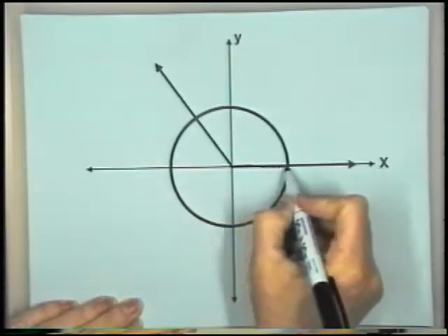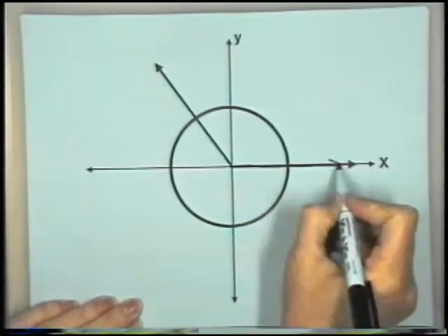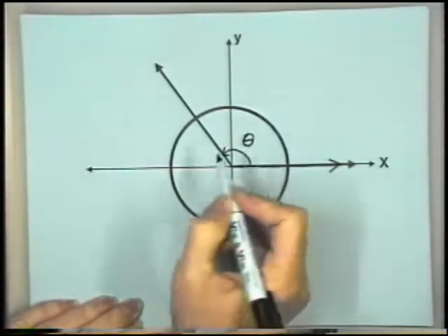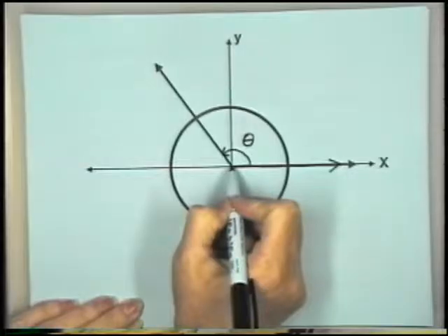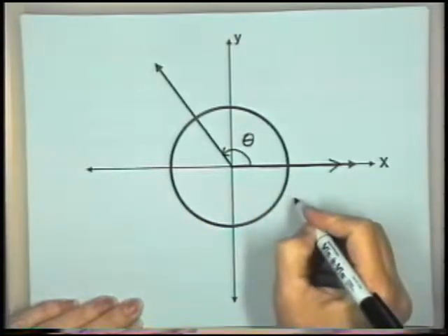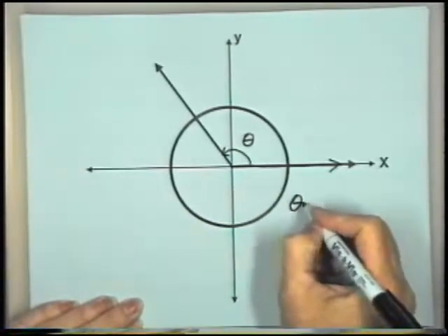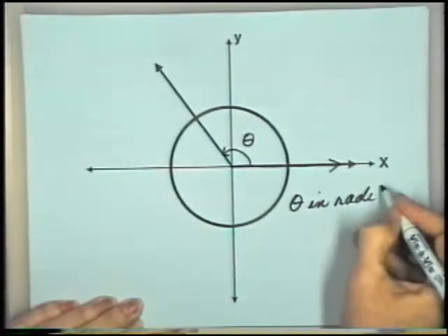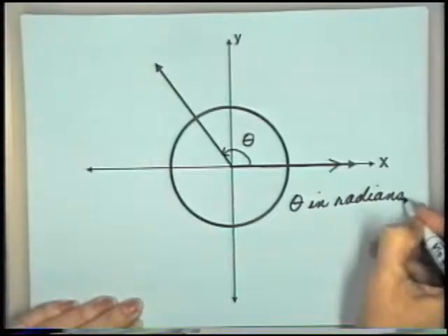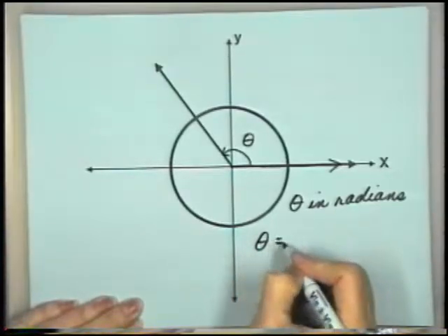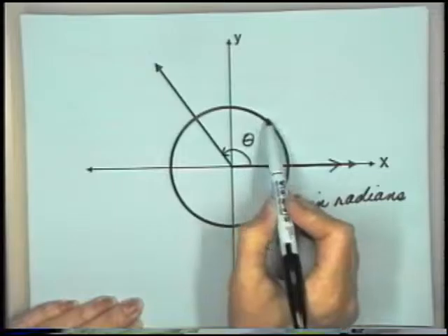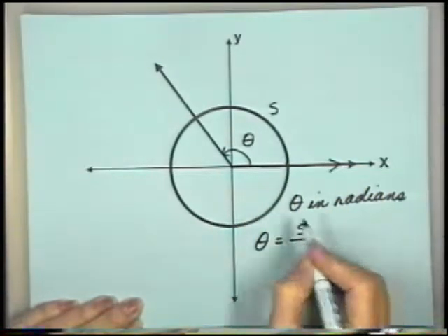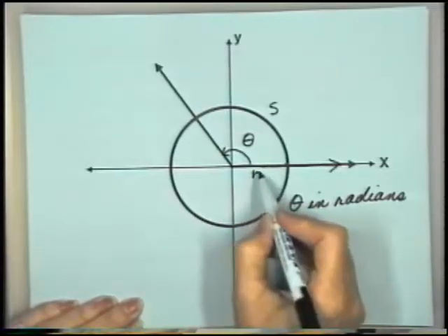We'll start with our angle theta in standard position, and what we know is that if we want to get the measure of theta in radians, the way we do that is to take the length of this arc, which we will call S, and we divide it by the length of the radius.